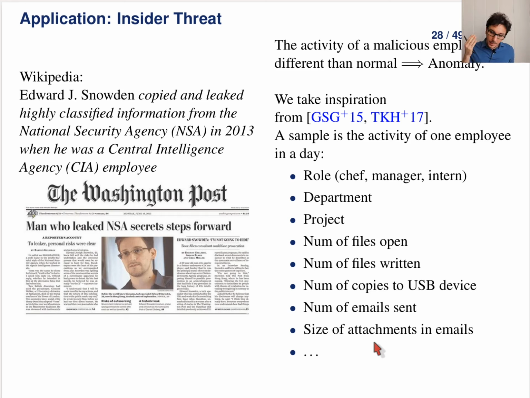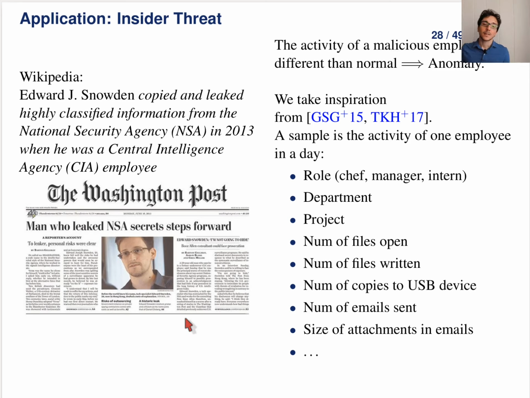So, if you see that in a certain time window, an employee is copying more files to USB devices than the rest of the employees in the same department or in the same kind of project, then you can be suspicious and you can raise an alarm.